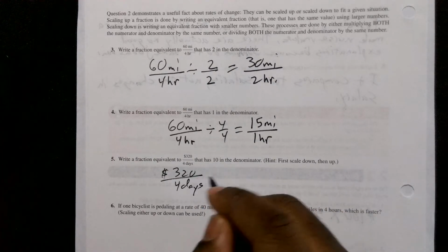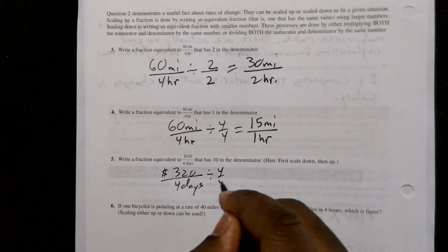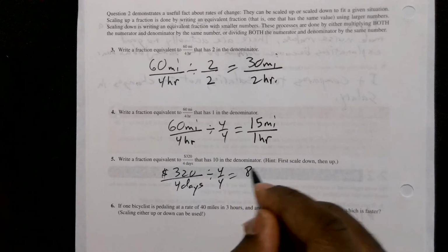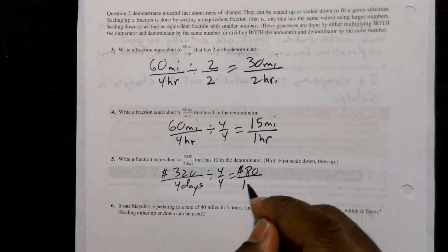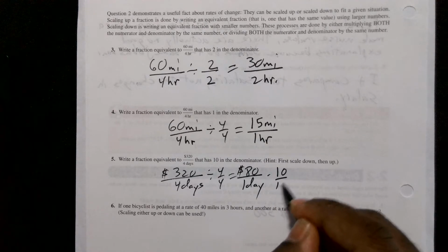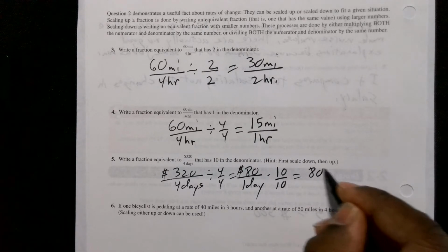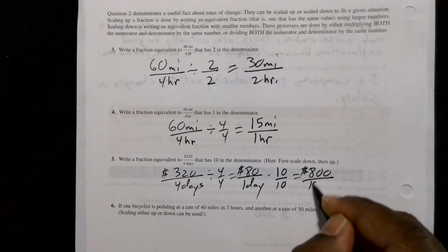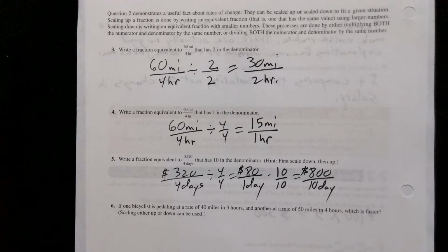So we could divide the numerator and denominator by 4. This would be $80 over 1 day. And then we can multiply the numerator and denominator by 10, and it would be $800 for 10 days.